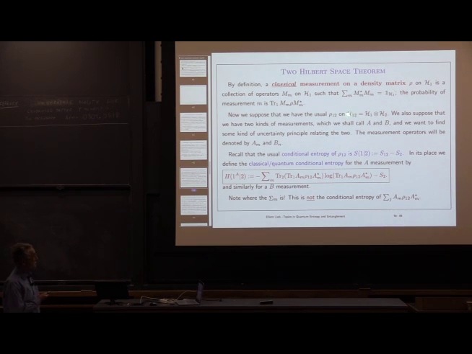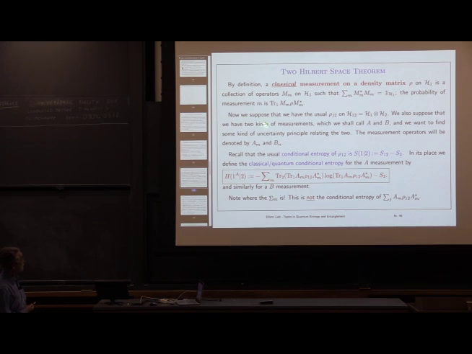Okay. Now suppose we have our old friend ρ12 on H12, which is just H1 tensor H2. Now this could refer to the same system measured in two different ways, like Fourier space and X space. Or it could refer to two different physical systems. Anyway, we have this tensor product.